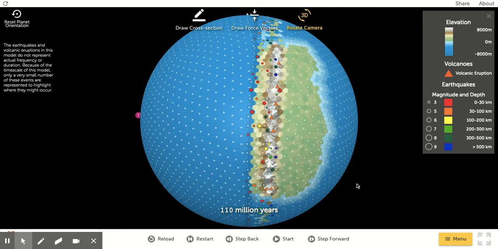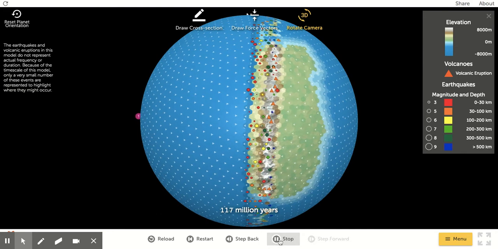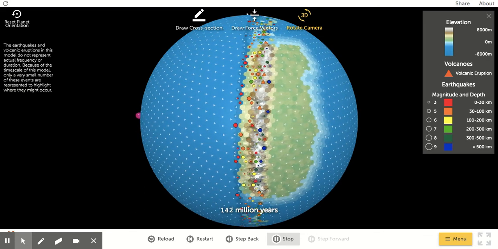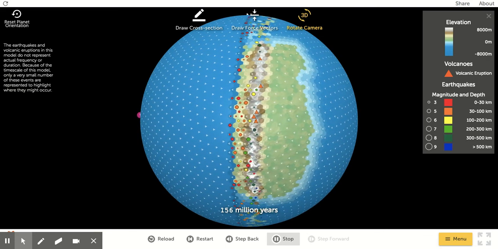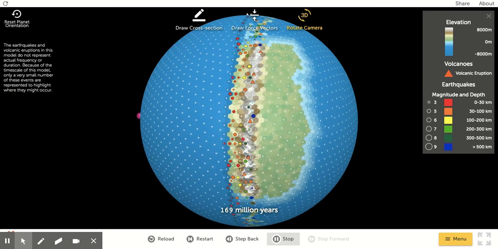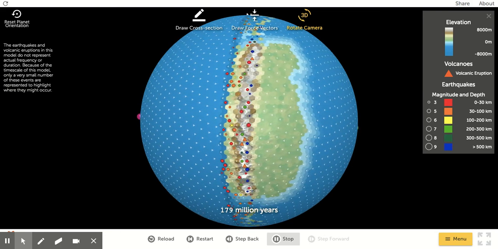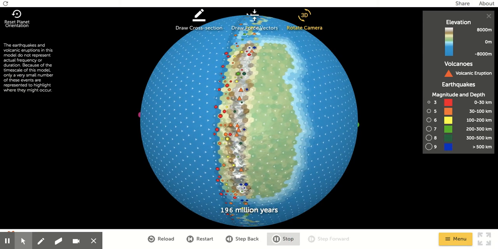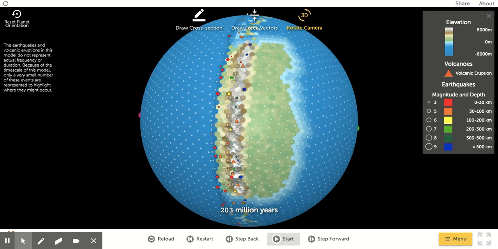So what you should do on yours is let it run for about 200 million years. We're getting close, about 200 million years. At about 200 million years, you need to stop yours.